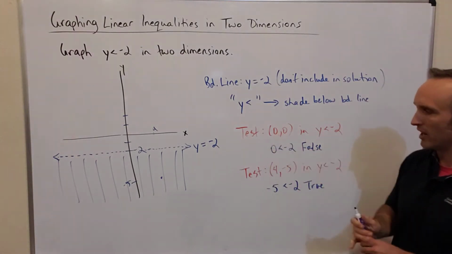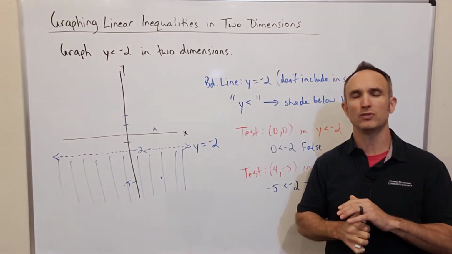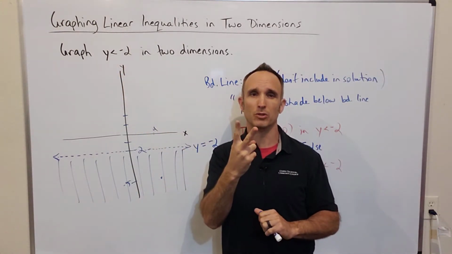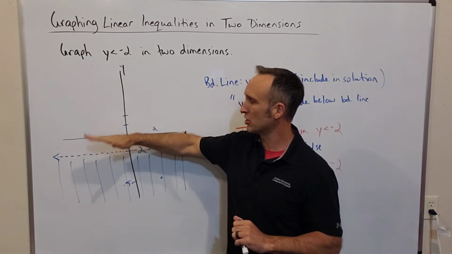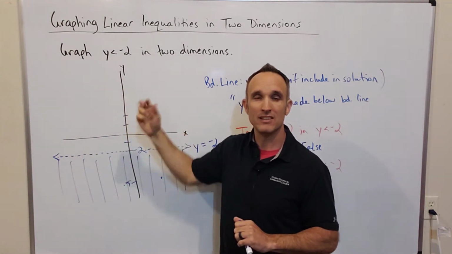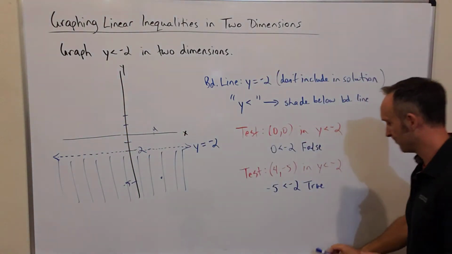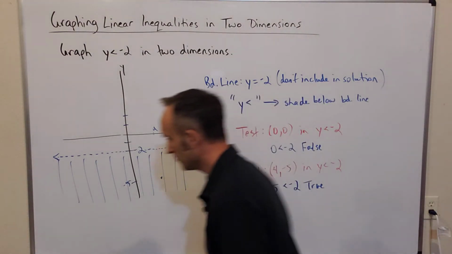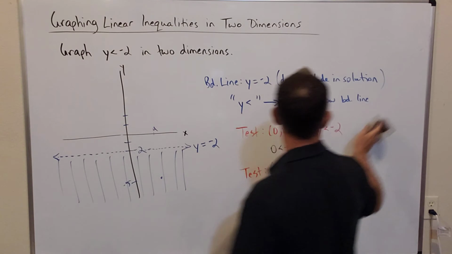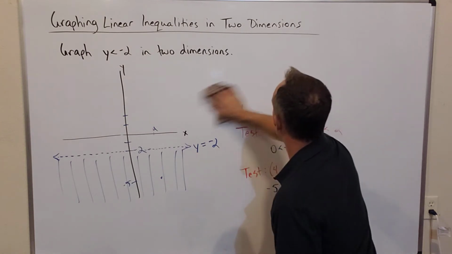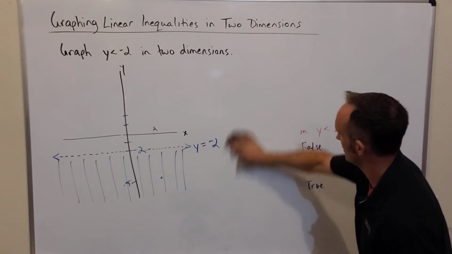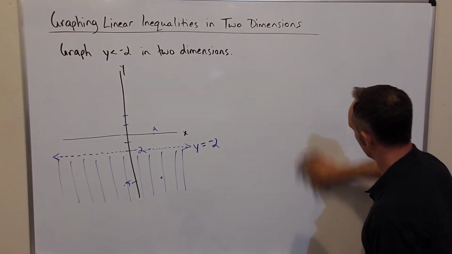So this test point idea is going to prove pretty useful to us whenever we get inequalities that have two variables. Whenever these boundary lines start to slant, this test point idea can help us out. So let's move on to something like that. And I'll show you two different ways to graph these when your boundary line slants, and then you can decide what you like the best.